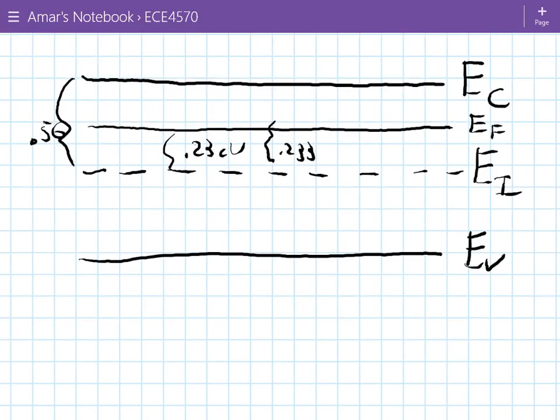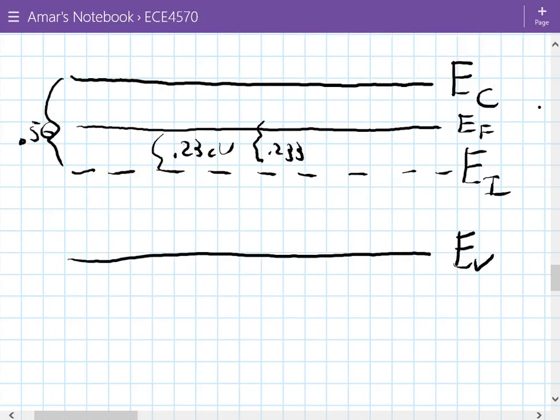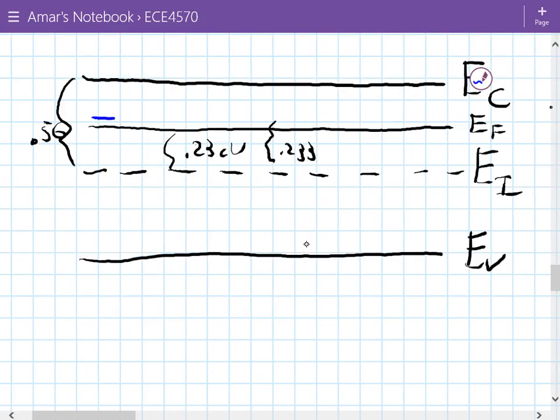Let me draw this in different colors. So this is Fn. Fn will basically be almost right on top of EF. Now what that tells us is that the electron concentration has not changed significantly. It hasn't changed by several orders of magnitude. So Fn is a visual representation of the electron concentration in the material.